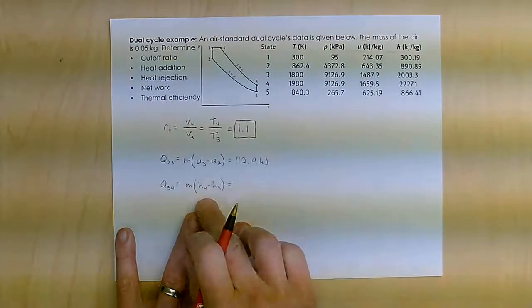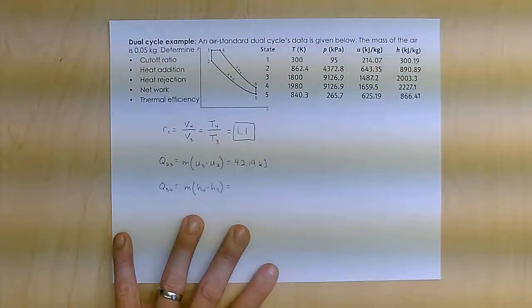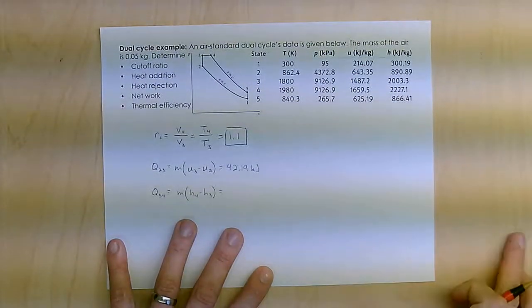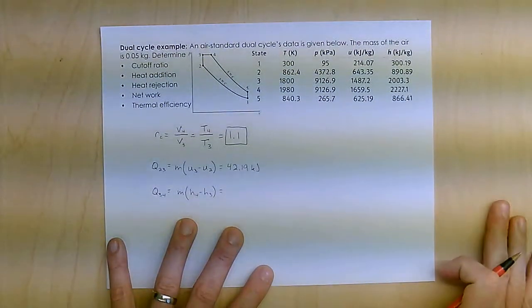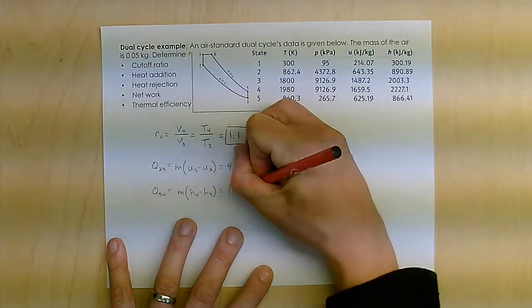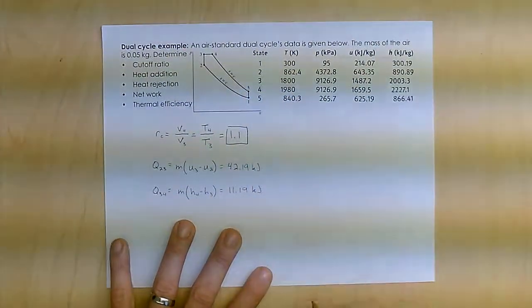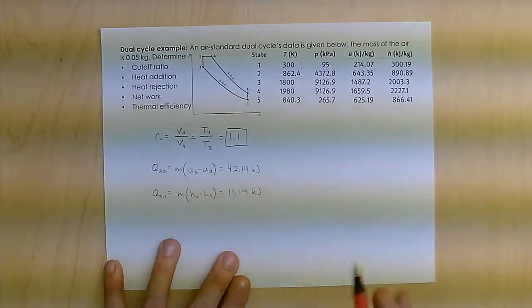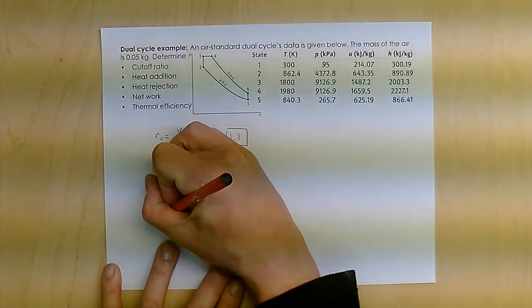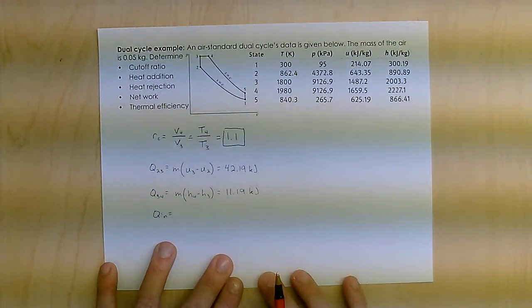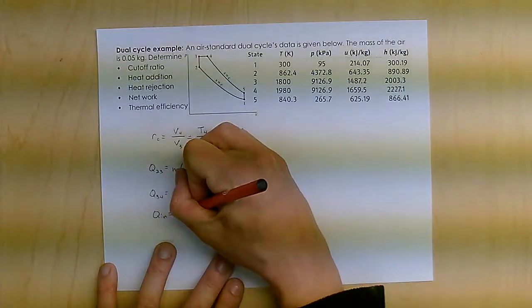Okay. And again, I use the H because I have this constant pressure work happening during this heat addition as well. So I have to have the change in U as well as P change in V. And I get 11.19 kilojoules on that one. Again, mass was given to me. I'm not sure if I stated that. That means the total Q in is just those two added together, which is 53.38.